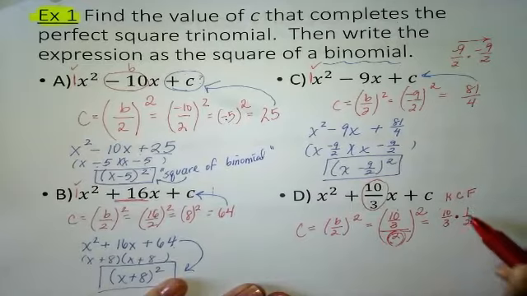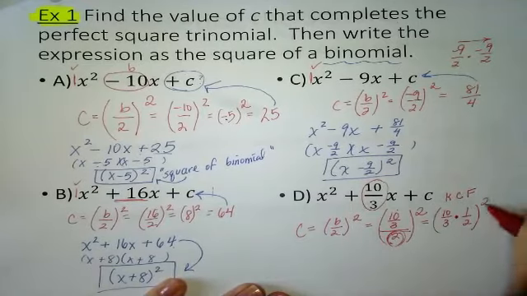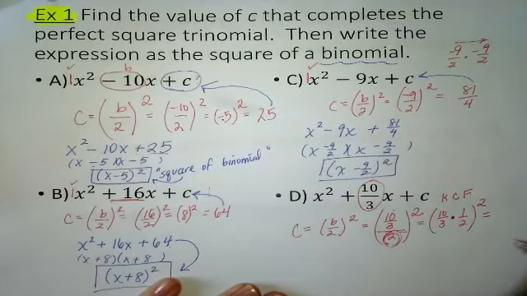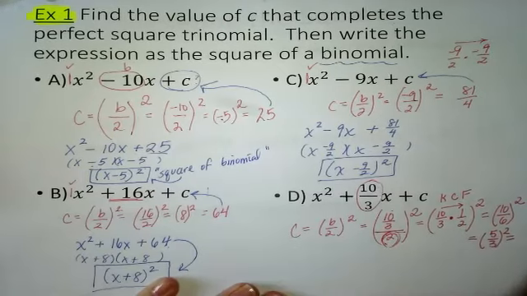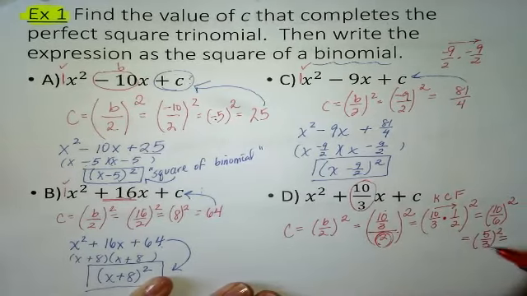So 2 flips to be 1/2. And then, not so bad. You can multiply straight across. That's 10 over 6 squared. And that reduces. So I'm going to go ahead and reduce that to 5 thirds squared, which then becomes square the top, square the bottom, 25 over 9.